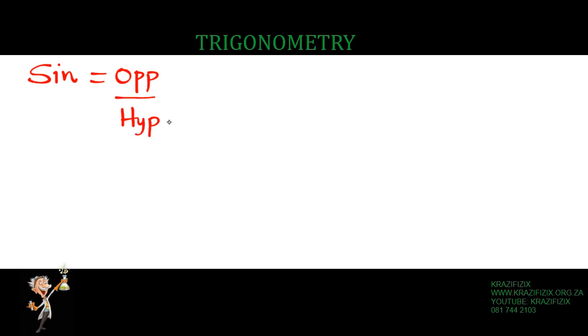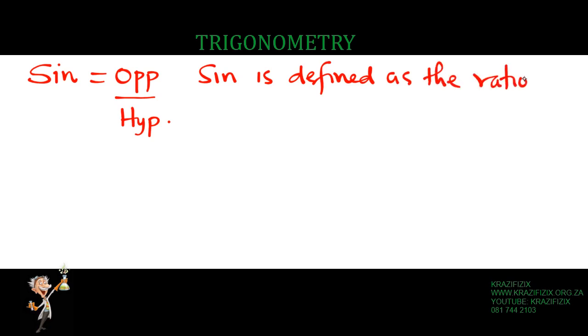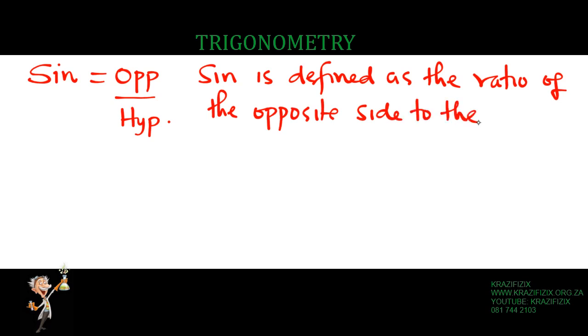Sine is defined as the ratio of the opposite side to the hypotenuse.